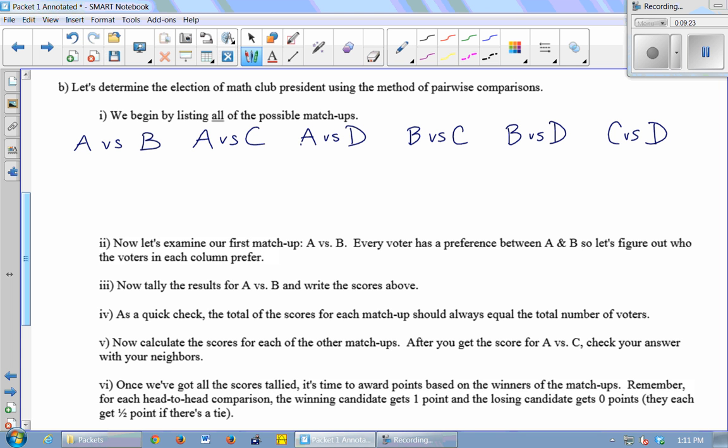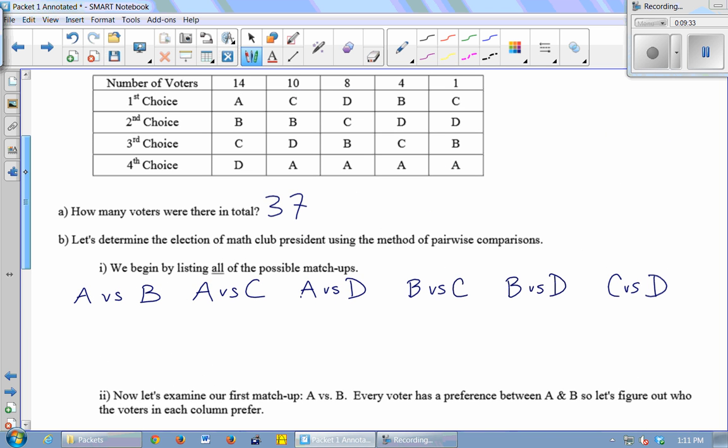So now we use the preference schedule to force every single voter to make a choice between A and B. Right? So we look at these 14 voters. If we forced them to choose and we said, listen, you 14, you have to pick between A and B, who's the better choice? Who would they pick? A, because they have A ranked above B. Okay, so we give 14 votes to A. All right, how about the next 10 voters?